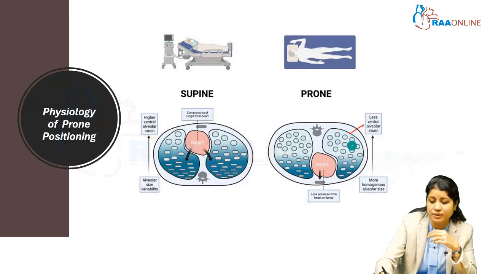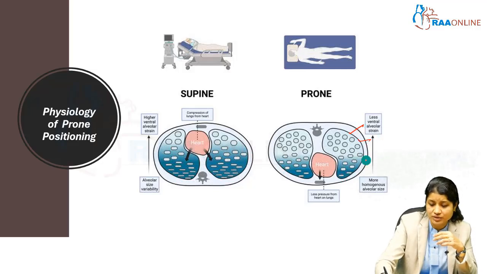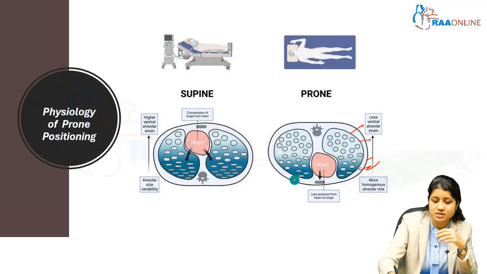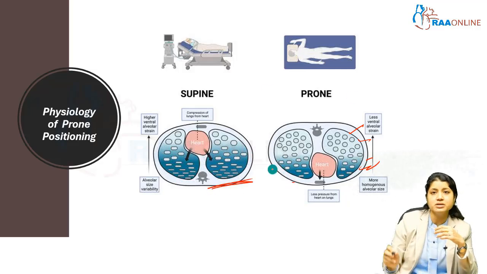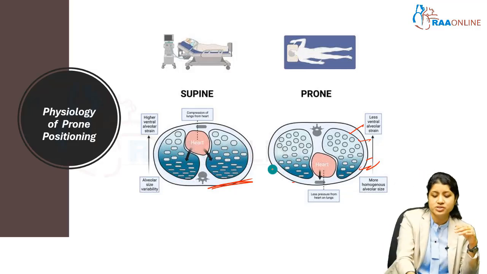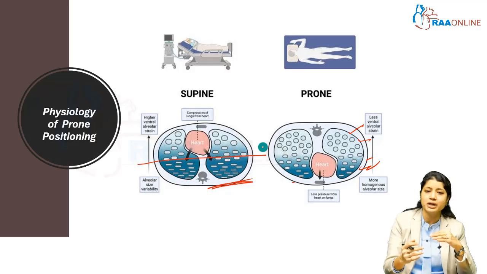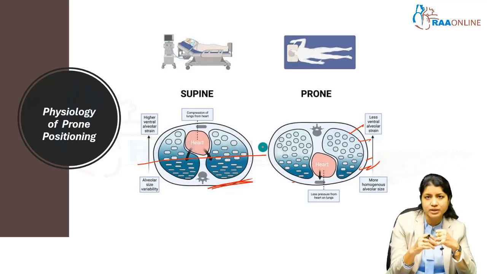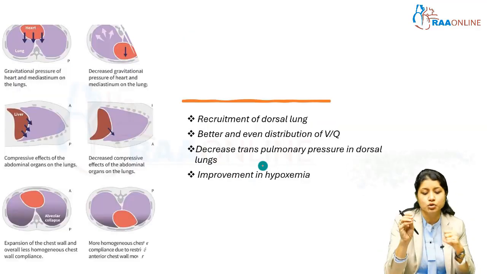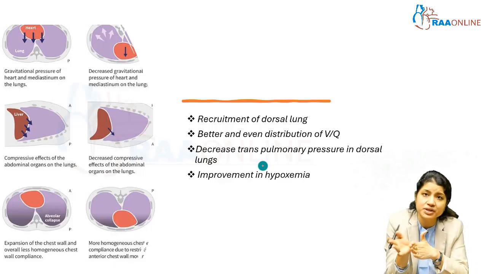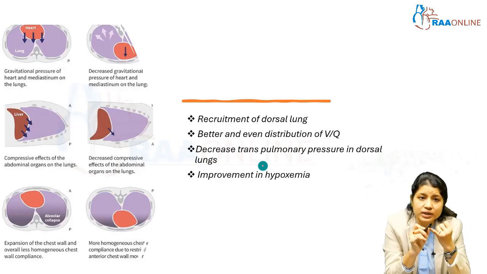See here, you can see in the picture, the homogeneity of the alveoli when you prone the patient is much better than in a patient who is placed completely in a supine position, wherein from the basal part of the lung up to the middle of the lung there is a variability in the alveolar size.